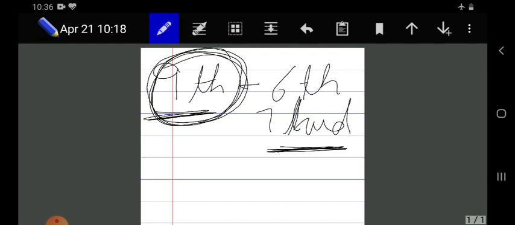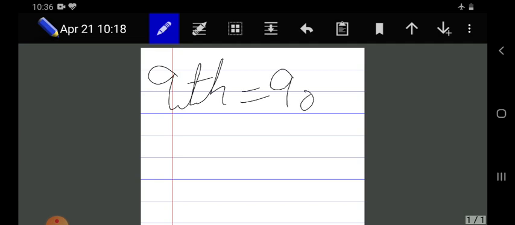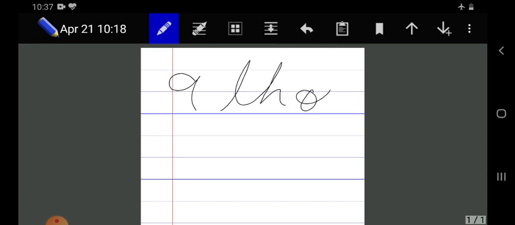So how will you do that? 9000 is equal to 90 hundreds also, but we need thousands also, so we will not convert everything into hundreds. Simply what will we do? We will decompose, that is called decompose.